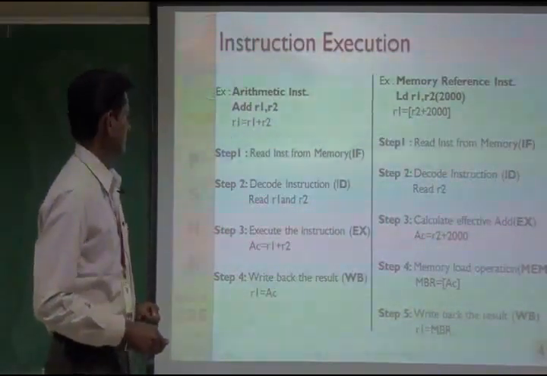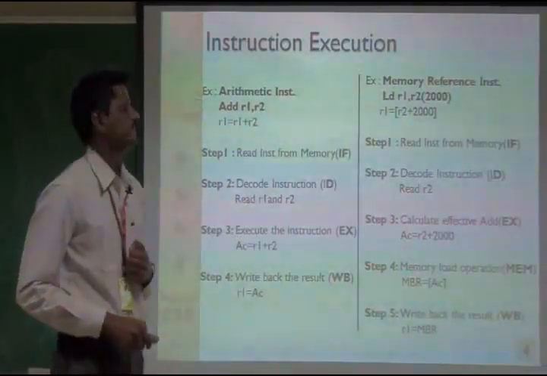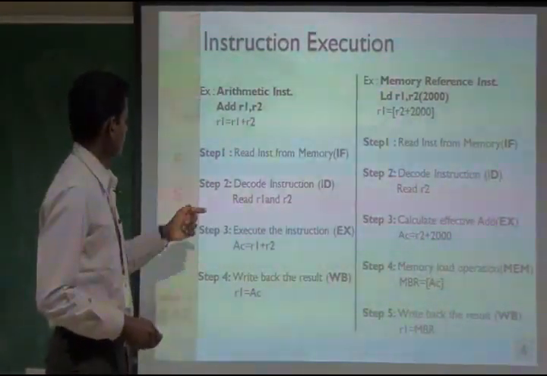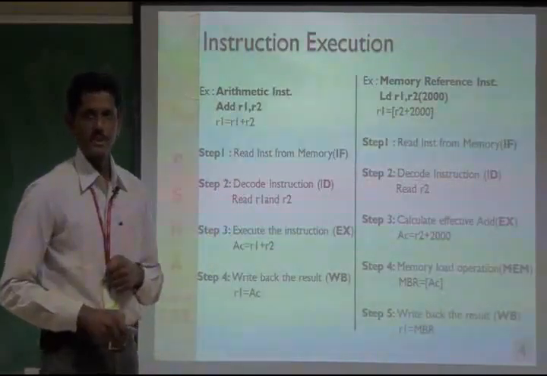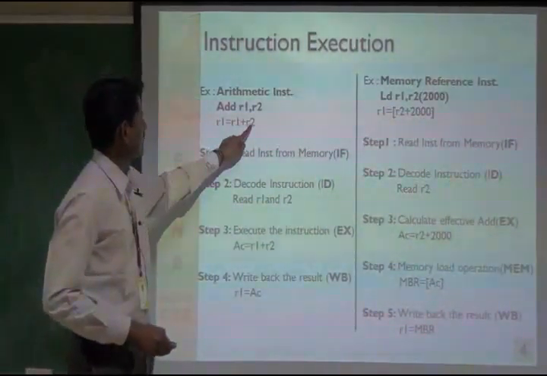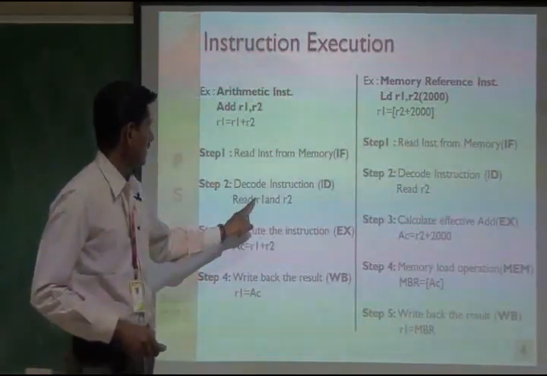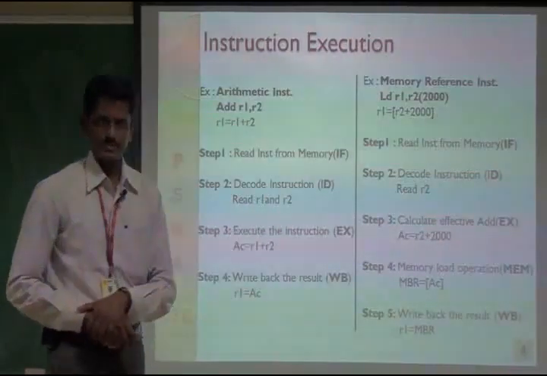Now the various stages. First it reads the instruction from memory, then it is decoded in instruction decode, and the required operands R1 and R2 are read out in this stage. Step 2, read R1 and R2.